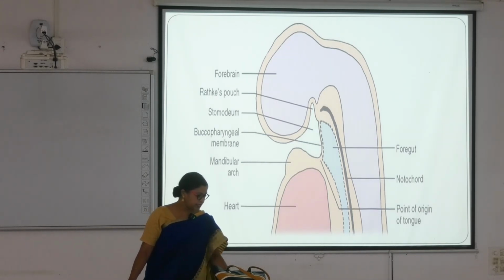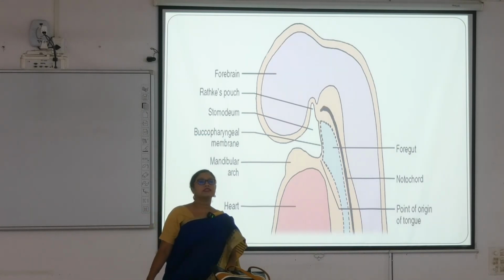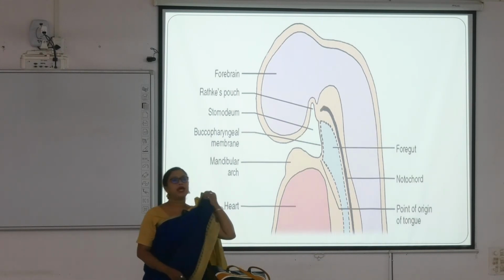Okay, it's developed from the pharyngeal arch, whereas the muscle is developed from the occipital myotome.